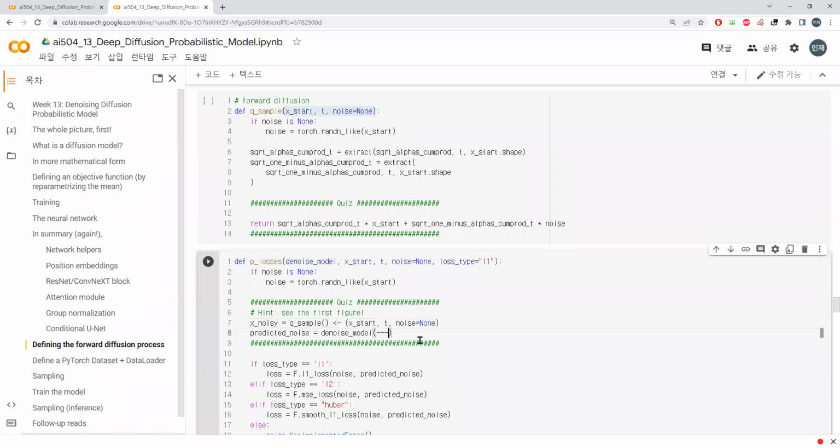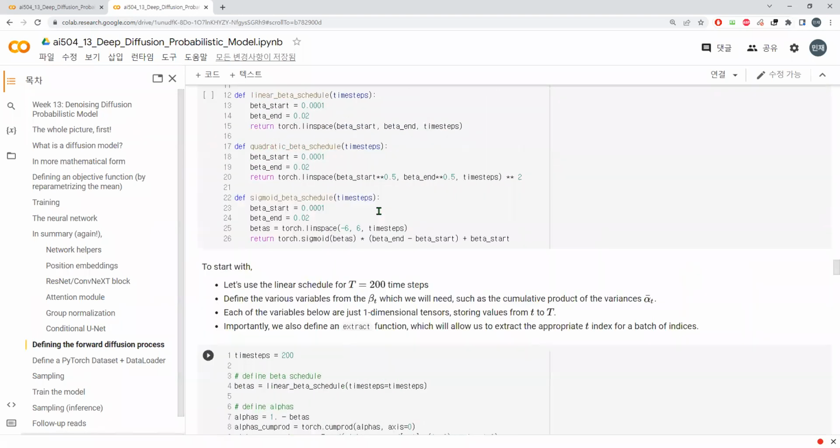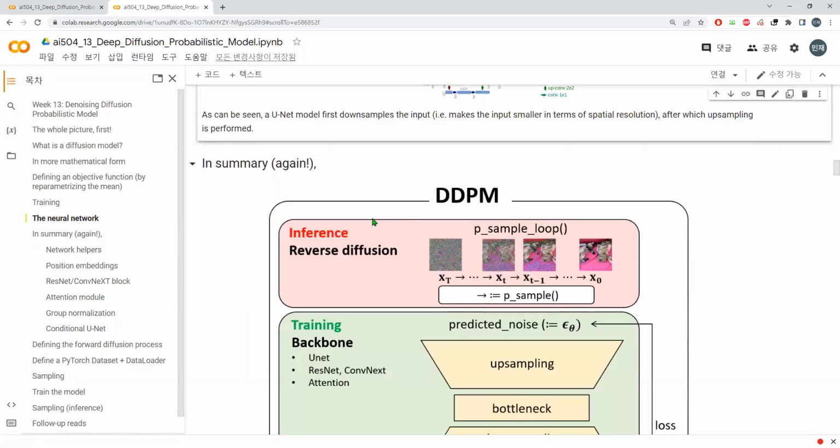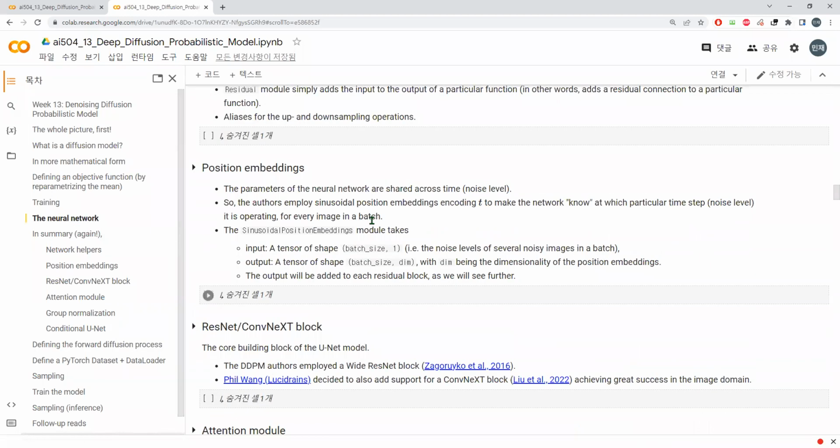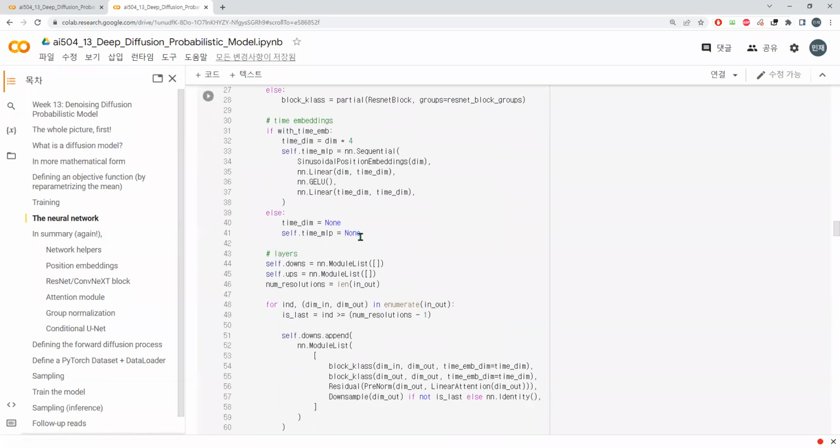And the input arguments for denoise_model, which is the U-Net instantiated by the UNet class, is, where is it? Not in the neural network section.